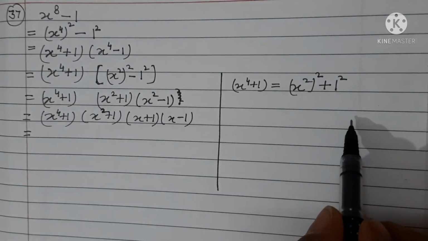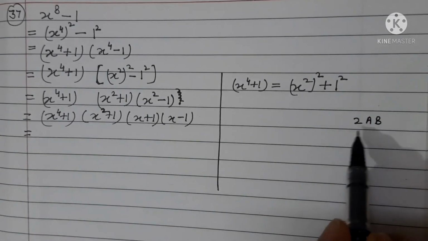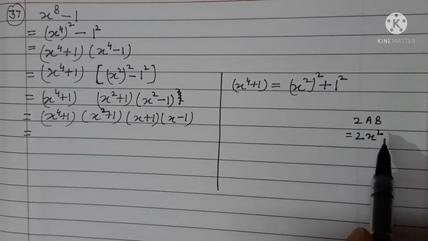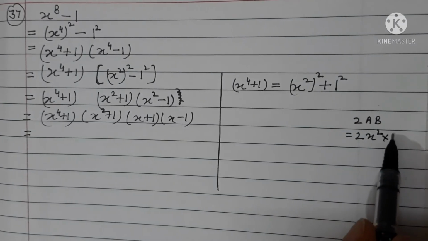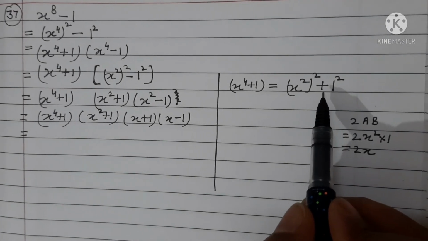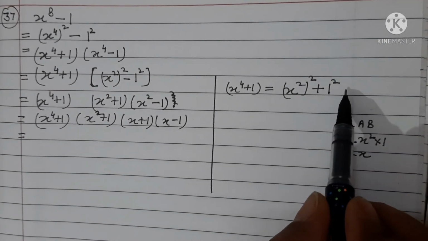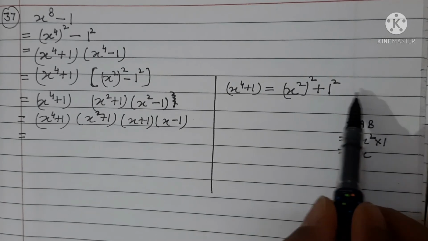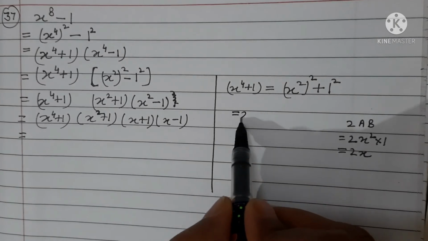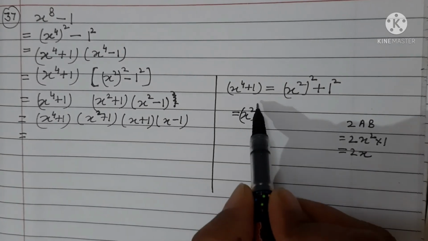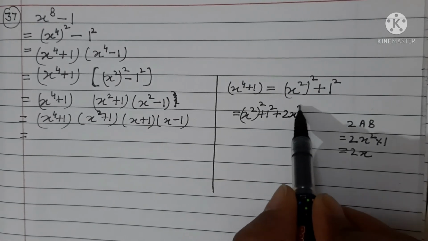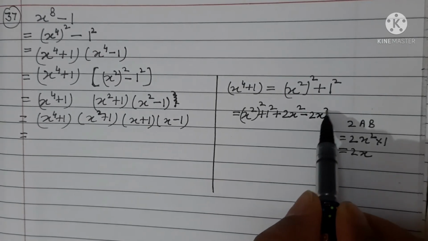Here 2a means x square and b means 1, means 2x square. So if we add 2x square and subtract 2x square, there is no effect on the expression, so you can write it x square whole square plus 1 square plus 2x square minus 2x square.